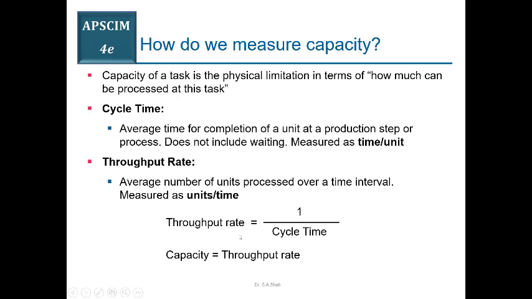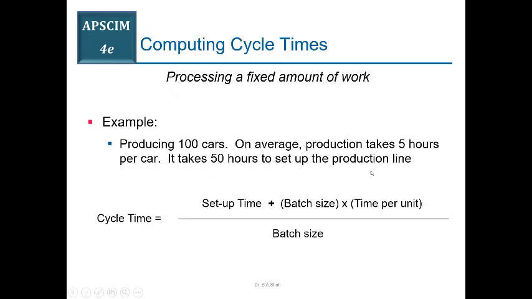So throughput rate is 1 by cycle time, and this throughput rate is basically the capacity of the system. So this means that if you have the cycle time, you can calculate the capacity of the system. And the capacity of the system is the throughput rate, or you can say the production rate.